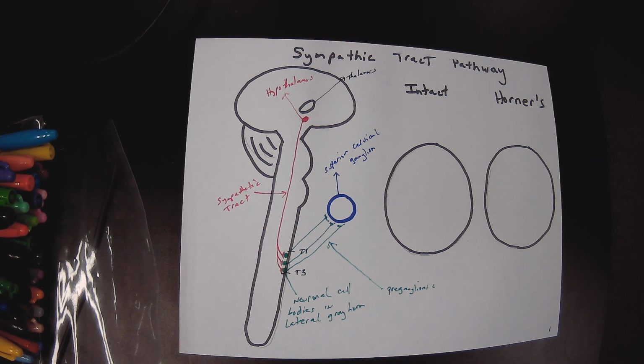Preganglionic axons coming from T1 through T3, lateral gray horn, synapse with the superior cervical ganglion.